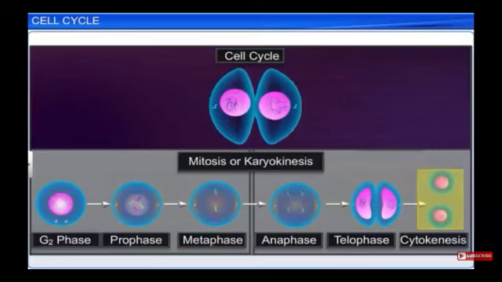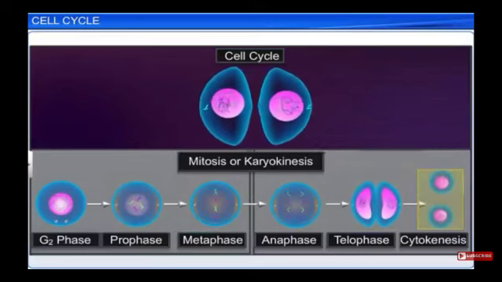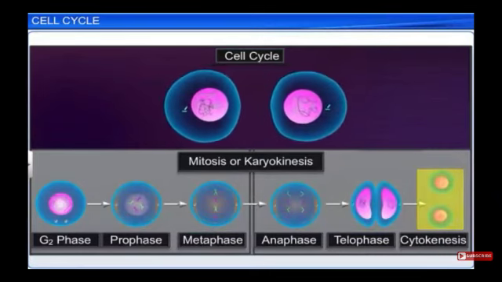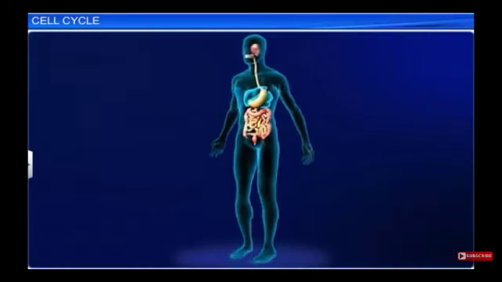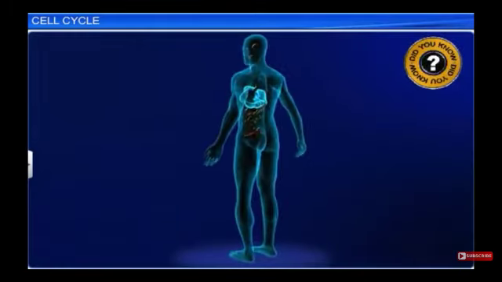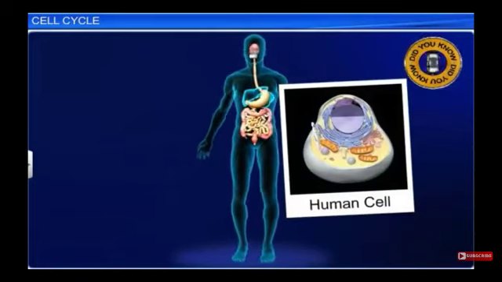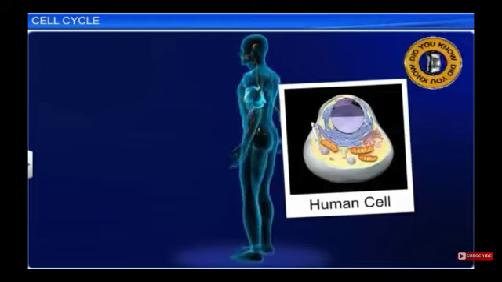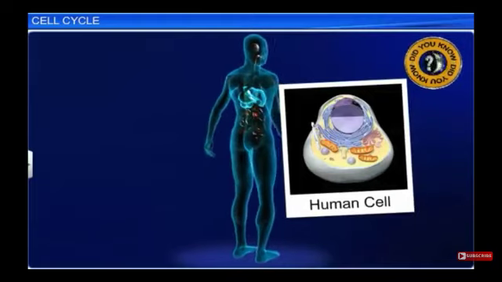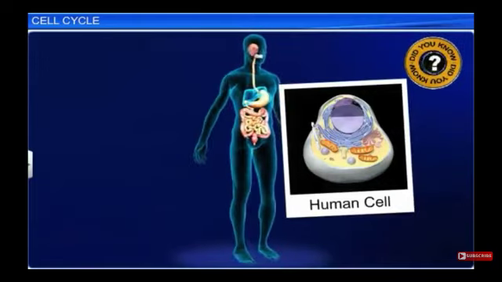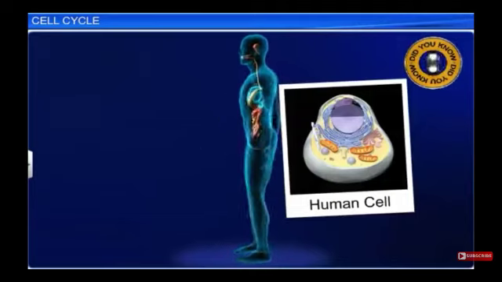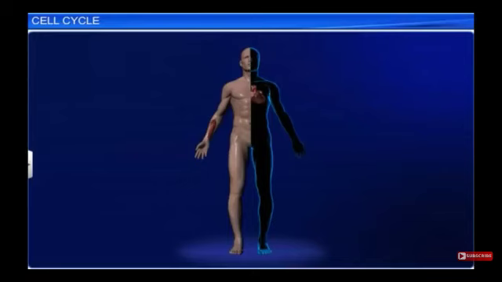The M phase ends with the division of the cytoplasm, which is known as cytokinesis. Do you know that in the 24-hour average cell cycle of a human cell, proper cell division lasts for only about an hour, while more than 95% of the cell cycle duration is the interphase?